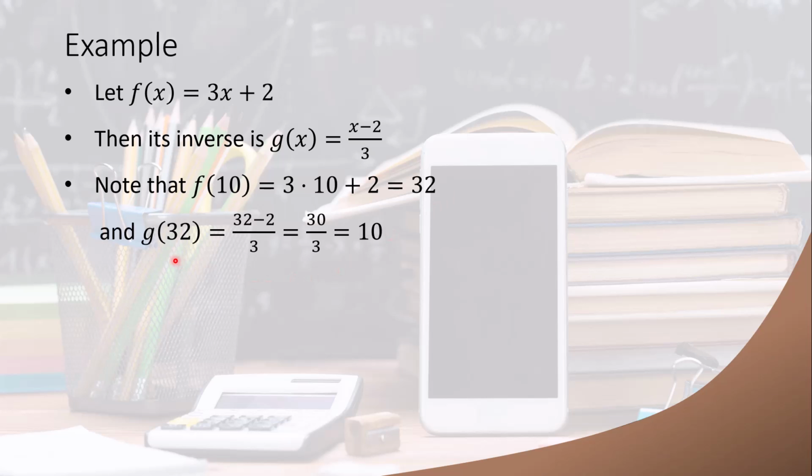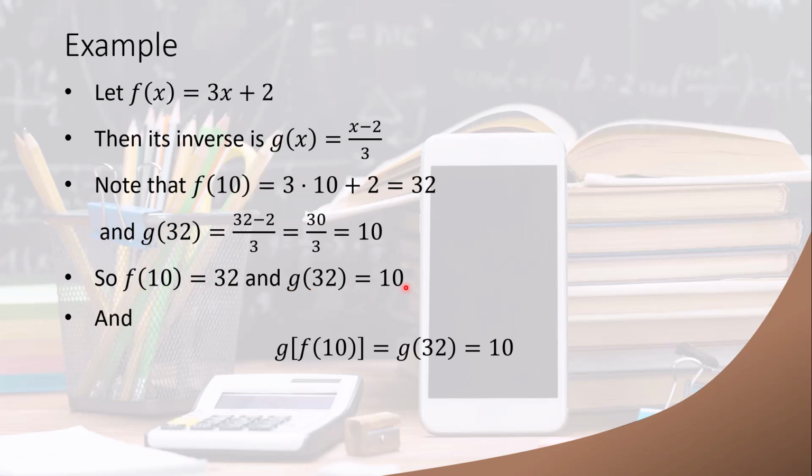It turns out that if we evaluate g at 32, we have 32 minus 2 divided by 3, which is 30 divided by 3, which is 10, which recreates 10. So f evaluated at 10 is 32, and g evaluated at 32 is equal to 10. And therefore, if I took 10, evaluated it at f, I would get 32, and then g of 32 is 10. So I can use g to reconstruct whatever the argument of f was.